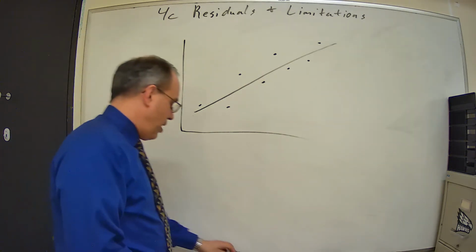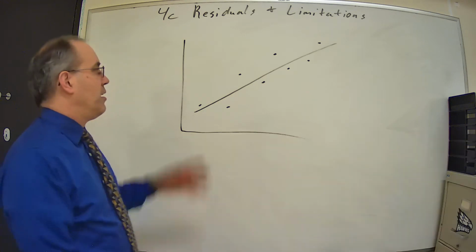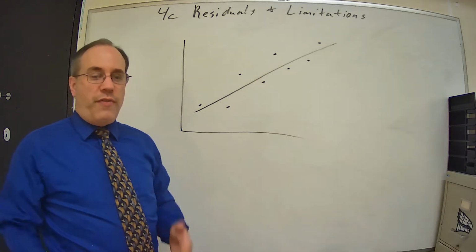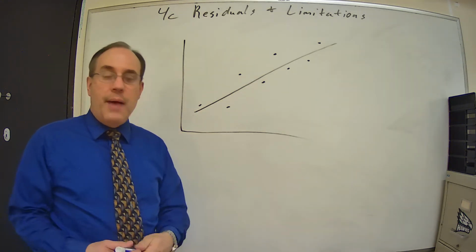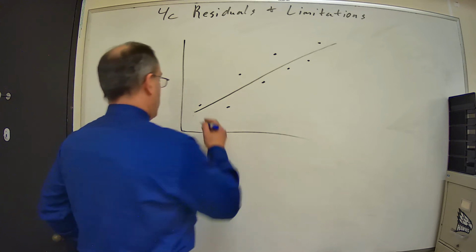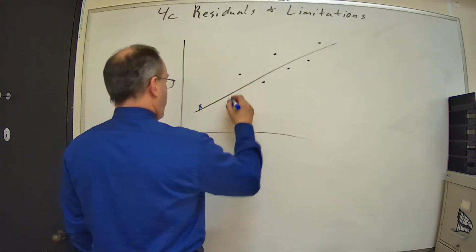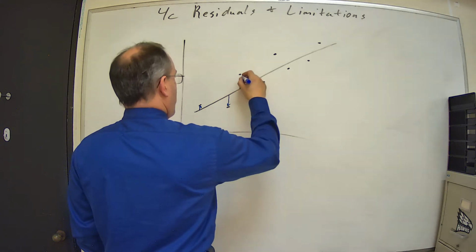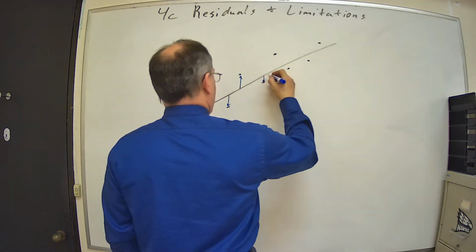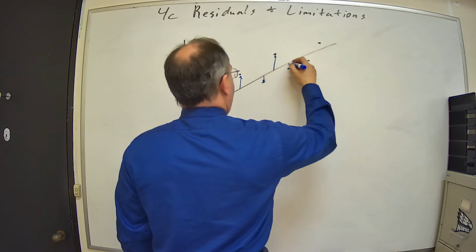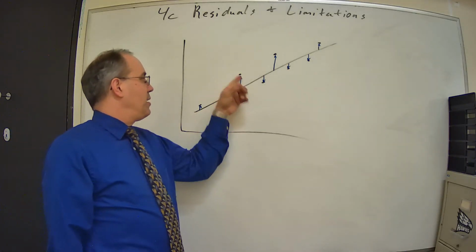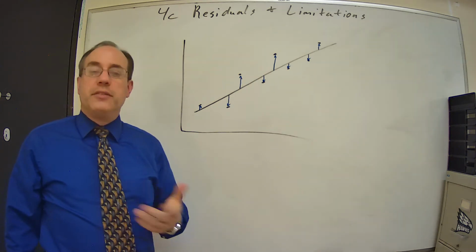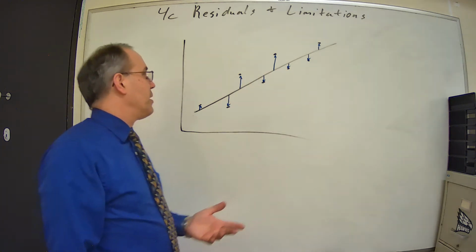Now we see that this line does not really touch any of these data points. So if I use this to predict what happens at a certain x value, I'm going to be wrong. So if I draw little arrows coming from this prediction line to the actual outputs at those x values, there's a distance between this line and each of those data points.